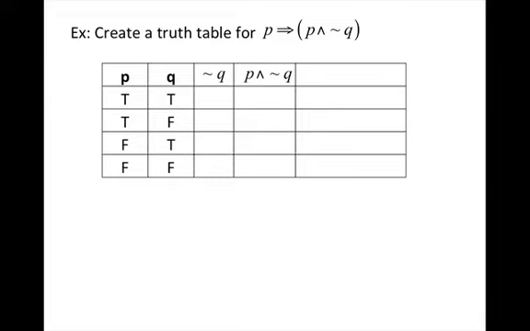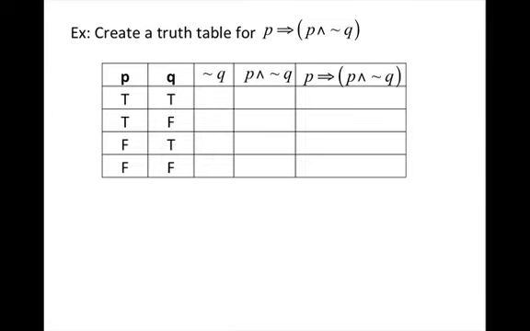Then I'm going to need a P and not Q. And then I can do a column for my overall statement, P implies (P and not Q). I have two propositions, the P and Q, so I have the 4-line truth table. The values for P were true, true, false, false, and the values for Q were true, false, true, false.